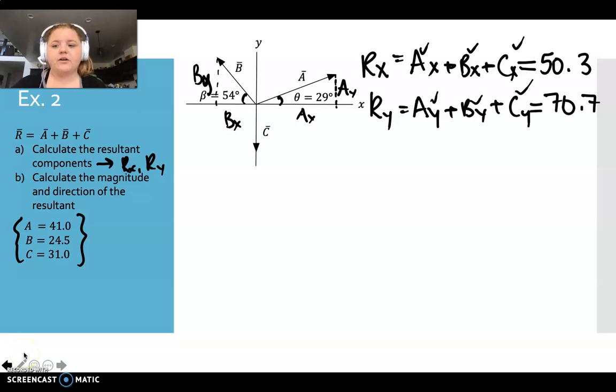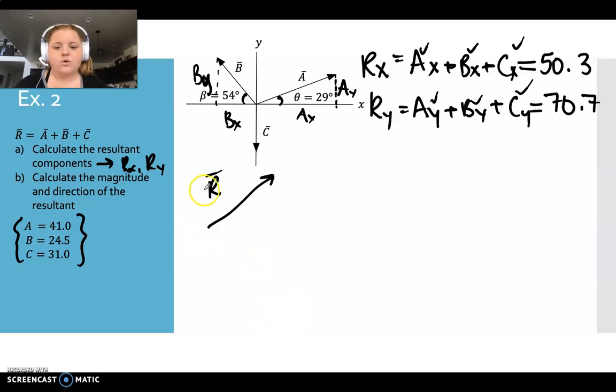Okay, continuing our example here, we're going to go ahead and do part B. It states to calculate the magnitude and the direction of the resultant vector. Remember, I'm not going to put it in any certain direction, I'm just going to draw our resultant vector, pretending that this is it.